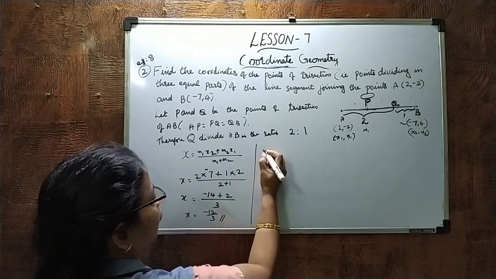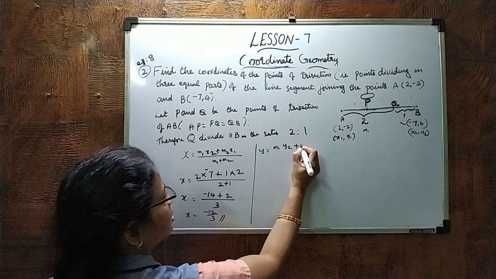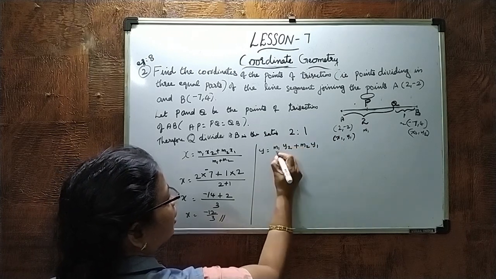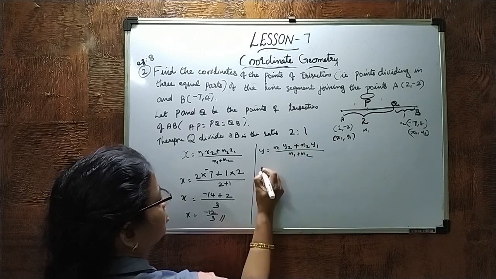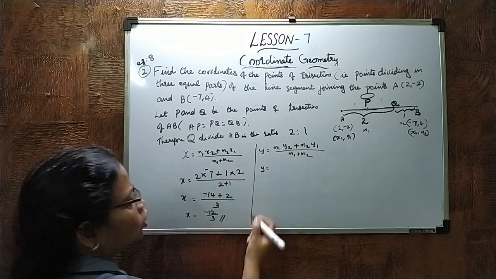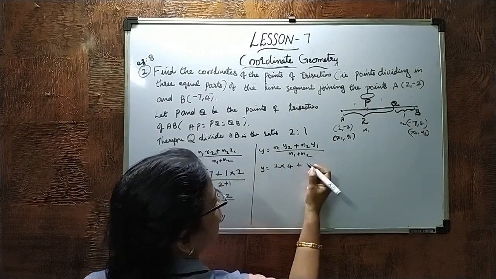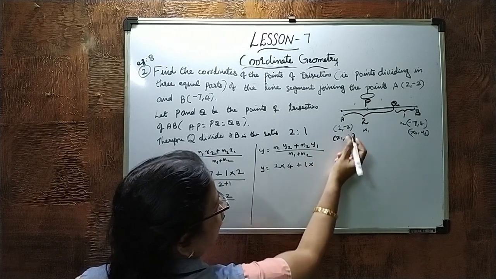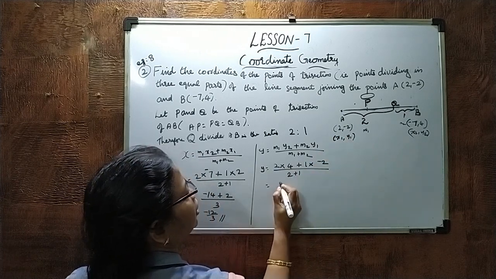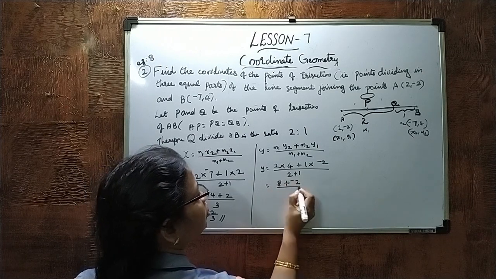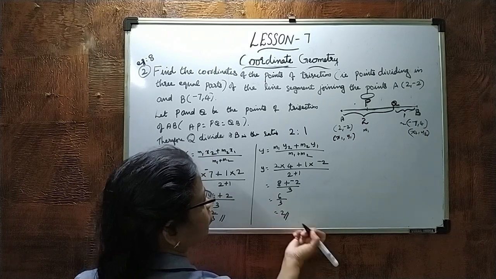What about y then? y equals (m1 y2 plus m2 y1) divided by (m1 plus m2). What is m1? 2. So 2 into y2 which is 4, plus m2 is 1 into y1 which is negative 2, divided by 2 plus 1. It is 8 plus negative 2 divided by 3. You will get 6 by 3, so the answer is 2.